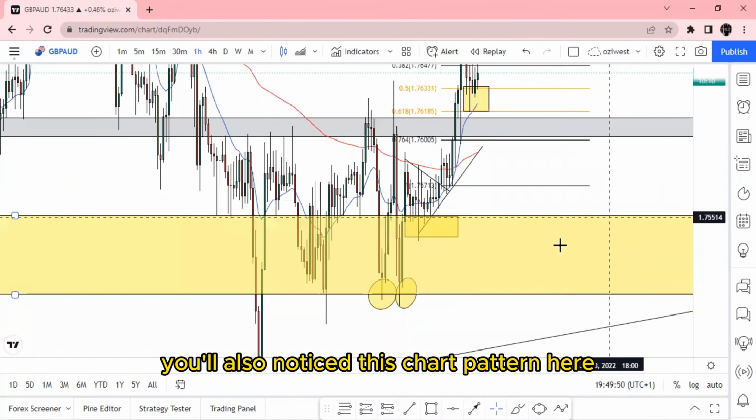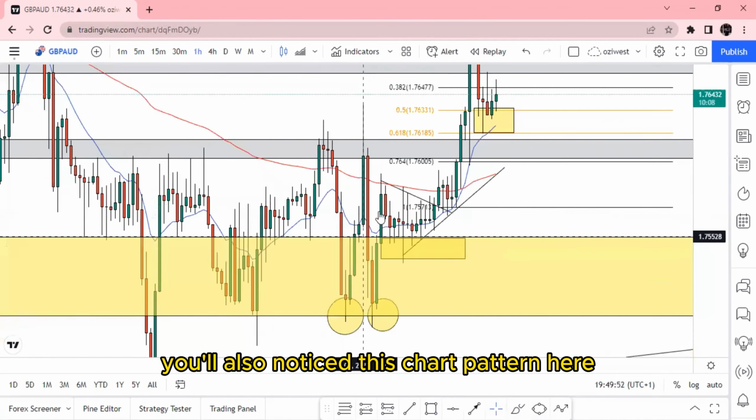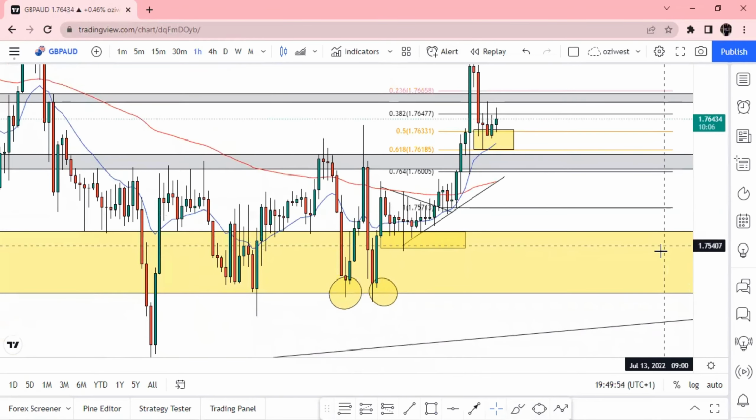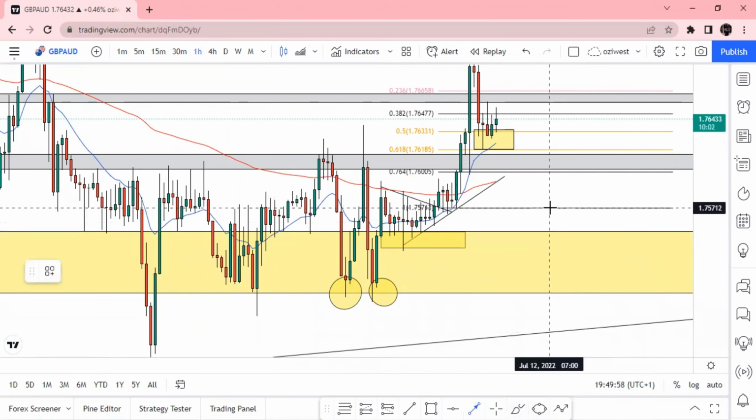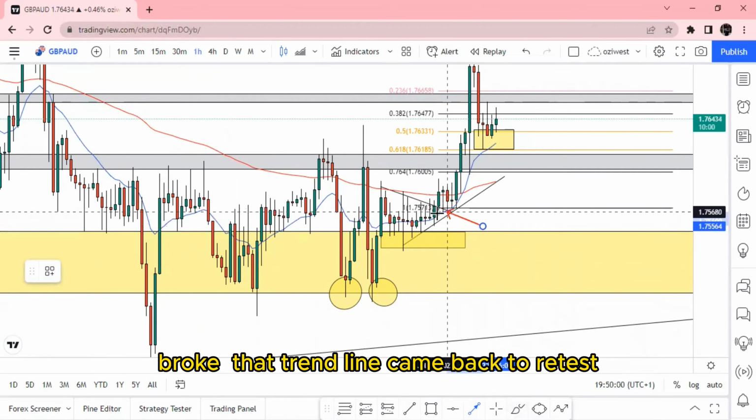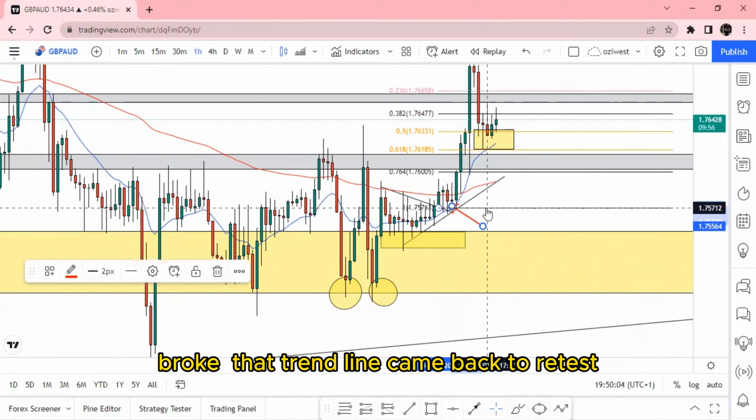You also notice this chart pattern here. Price broke that trend line, came back to retest.